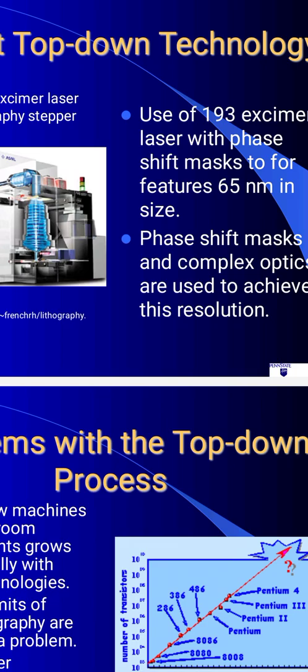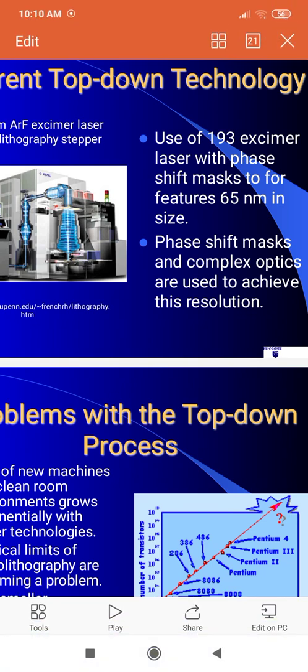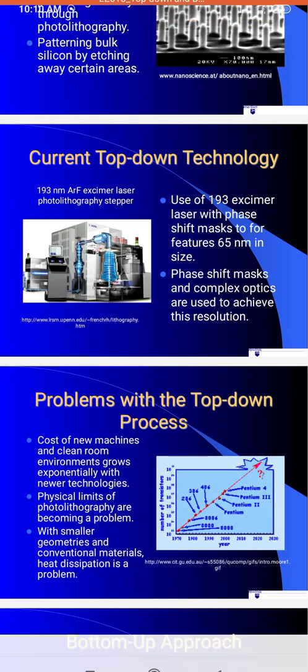Because we need complex optics to make the wavelength even less. So we need phase shift masks. Using phase shift masks we can make even smaller structures. About phase shift masks and complex optics, we don't need to study in detail.